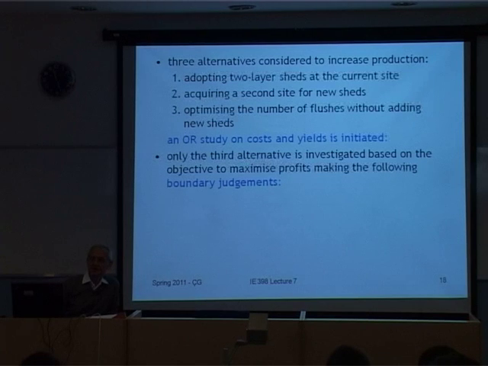And it has been decided that only the third alternative will be considered at the moment. The other alternatives, why do you think only the third alternative is considered and not the first 2? What might be the reason? Yeah, you don't have to spend any money. For the first 2 options, you have to make capital investments. The third option doesn't require probably any capital investment.